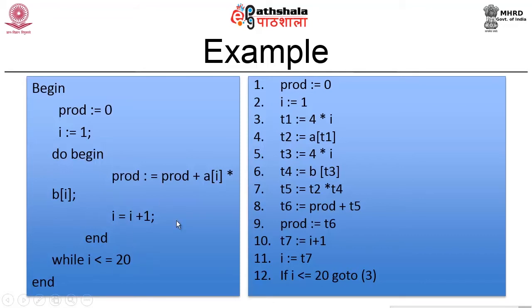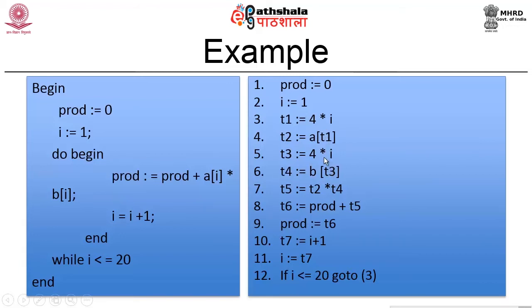If you convert this to 3 address code, prod equal to 0 and I equal to 1 are the same. Then I have to compute a of I into b of I. So for that I will do T1 equal to 4 into I, and T2 is a of T1. T3 is 4 into I, and T4 is b of T3.